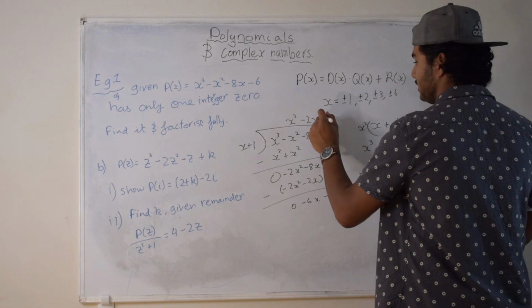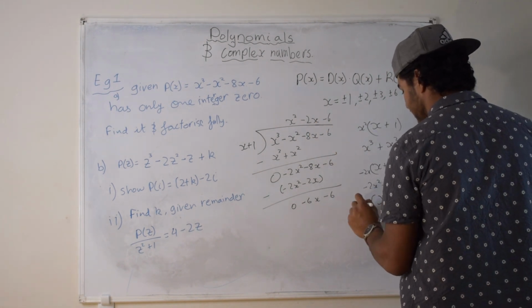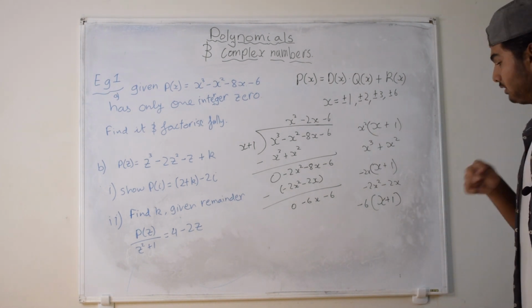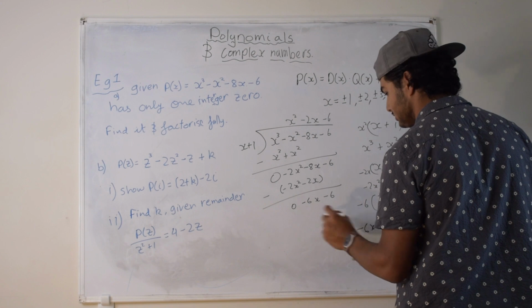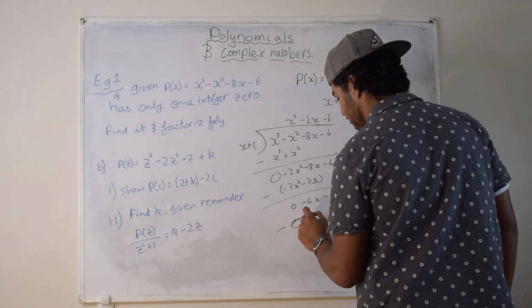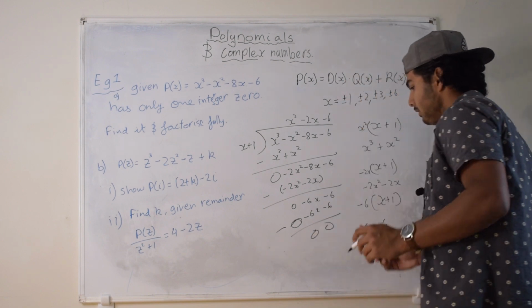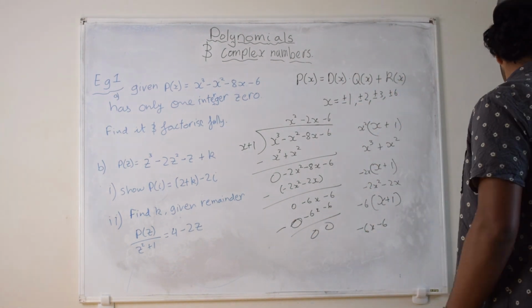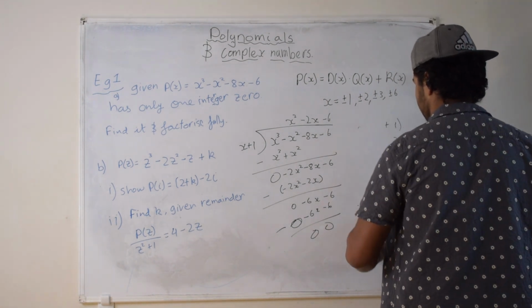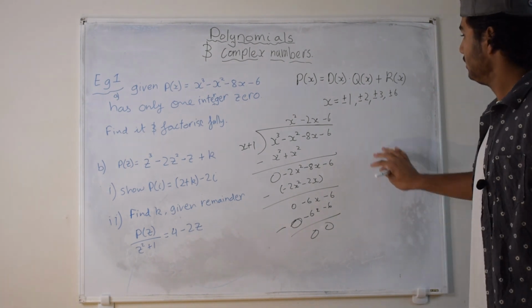Again, we'll multiply this by -6. So x plus 1 multiplied by -6, we then get -6x minus 6. 0 minus 6x minus 6, we get 0, 0. So now that we've done that, let's rewrite this over here.